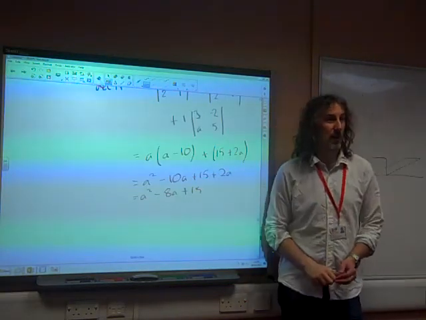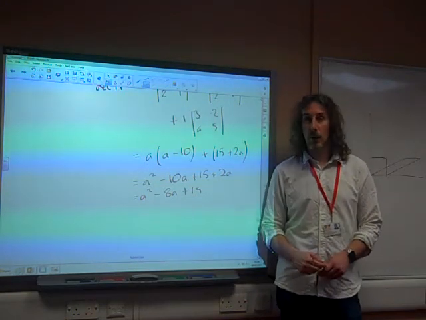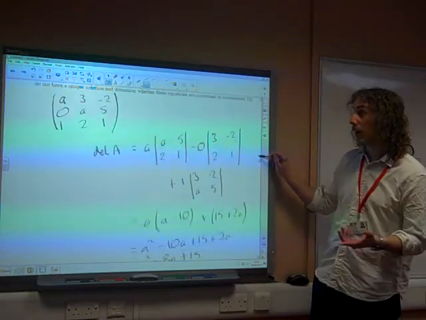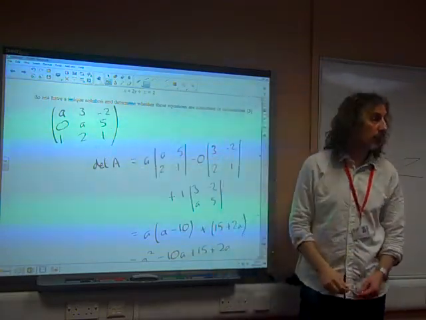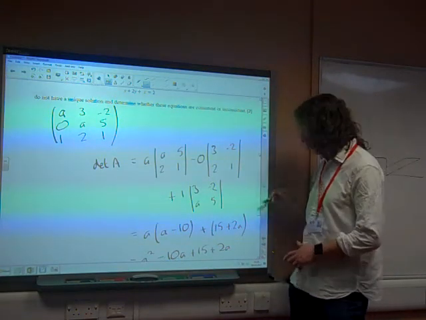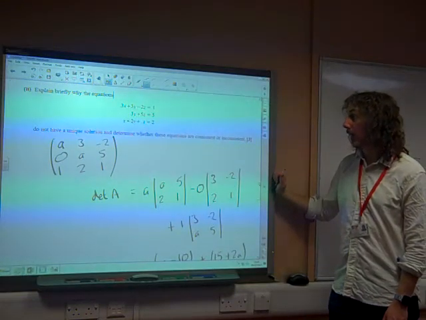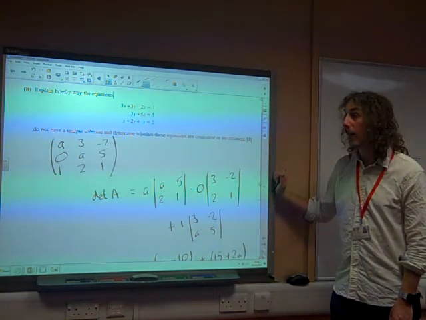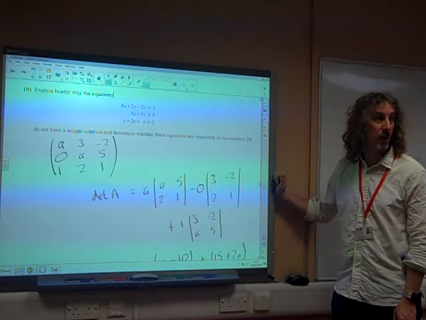Dead simple, 3 marks for doing that. You could have done it with any row or column, so lots of people did it with the top row, which is fair enough. You still end up with the same answer. Then it says, explain briefly why the equations that are given there do not have a unique solution, and determine whether these equations are consistent or inconsistent.